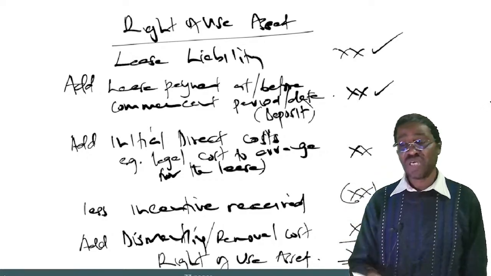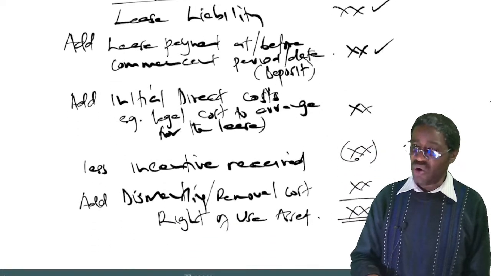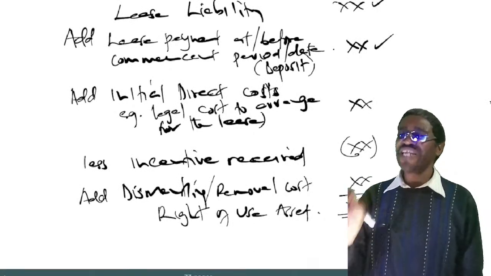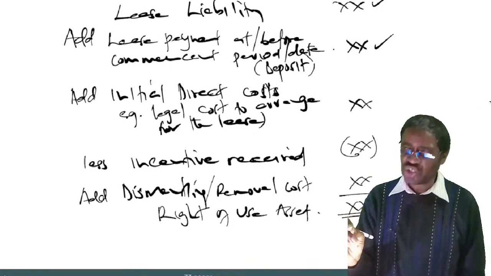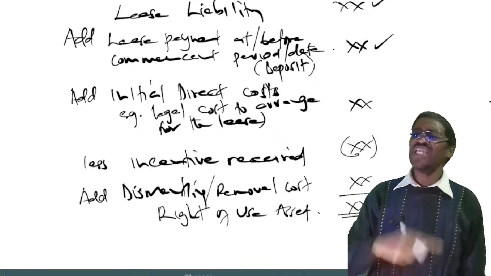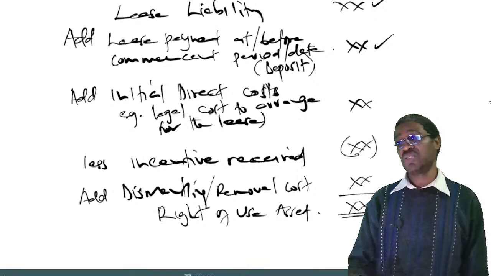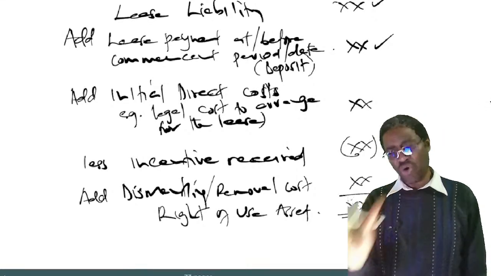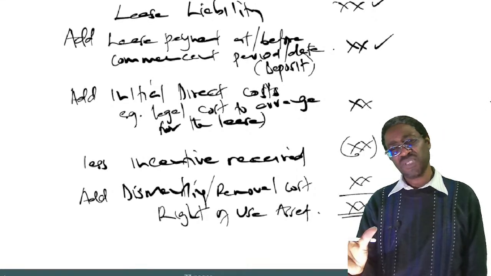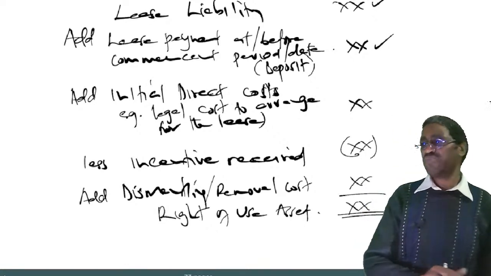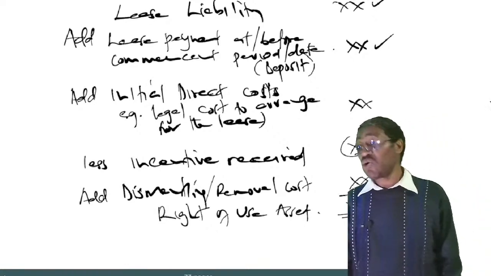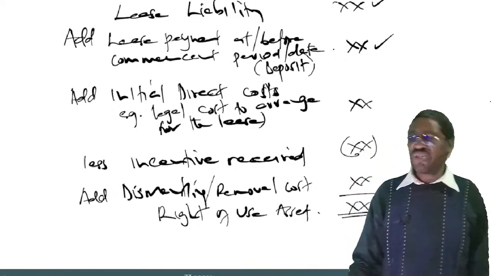Number two, another thing to add is what we are calling any initial direct cost. Any cost that you are incurring in order to bring this lease into existence, you add it. We have given an example, maybe like legal fees or legal costs to arrange for that lease.